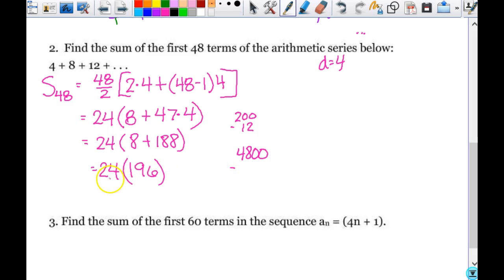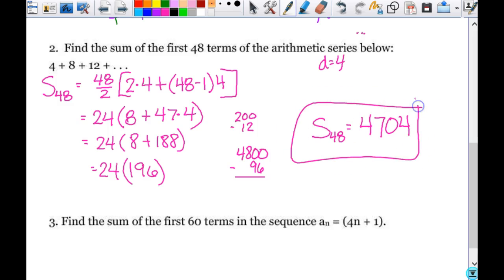To multiply something by 4 is easy. You double it and double it again. 2 times 24 is 48, times 2 is 96, right? So what's that going to give me? Any questions? Good?